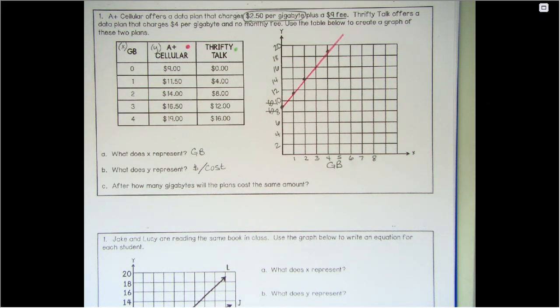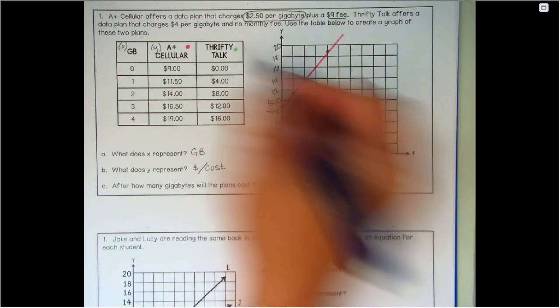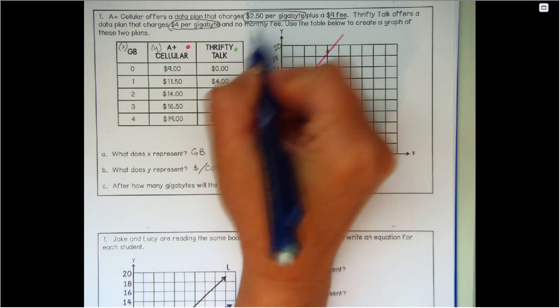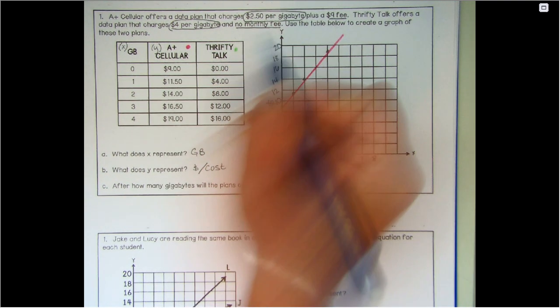Now on the other data plan, I'm spending more money per gigabyte, $4 per gigabyte, but no monthly fee.